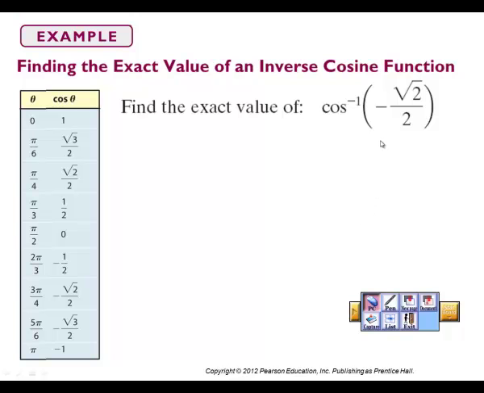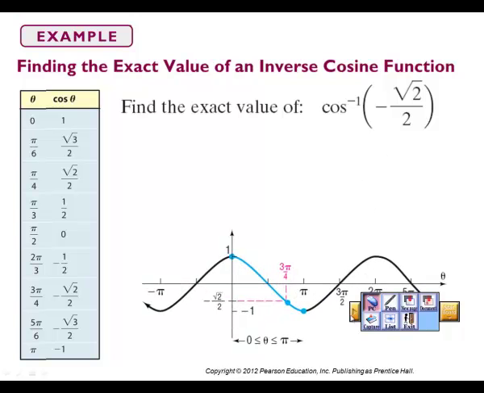And so we know that our domain has to be from 0 to pi, but we can say that because inverse cosine is within a domain of -1 to +1, -√2/2 is greater than -1 but less than positive 1, so it fits within our domain for inverse cosine.